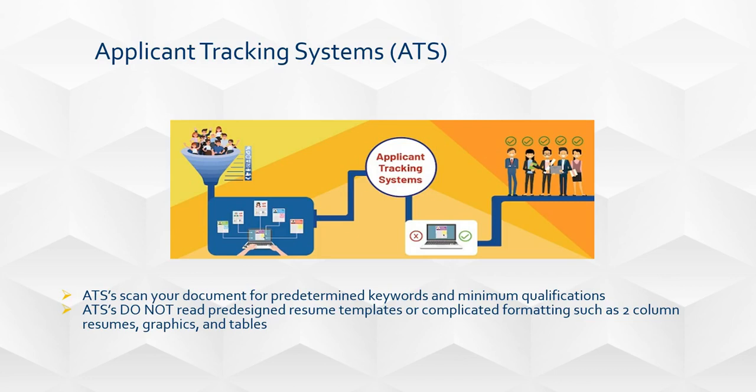The other thing is they really equalize the hiring process, because they remove human biases that can happen when reviewing applications. So these are really important systems to know about. Since they are so prevalent, you need to know how to get past these tracking systems.